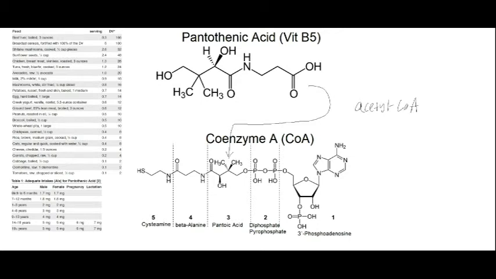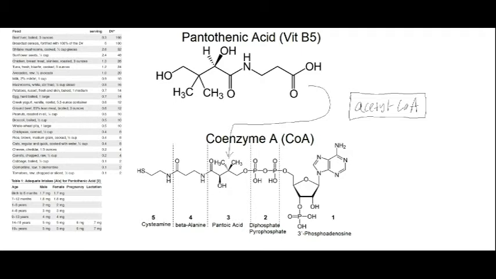Well, this is the CoA molecule, which pantothenic acid is needed for, and that is a coenzyme in a lot of the metabolic processes, with acetyl CoA being a very important one.